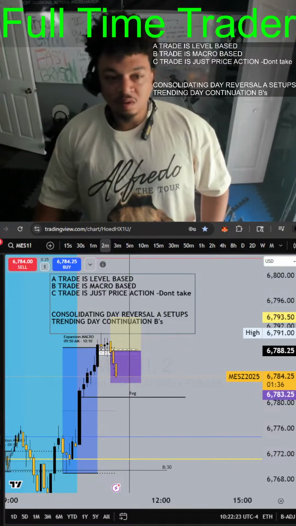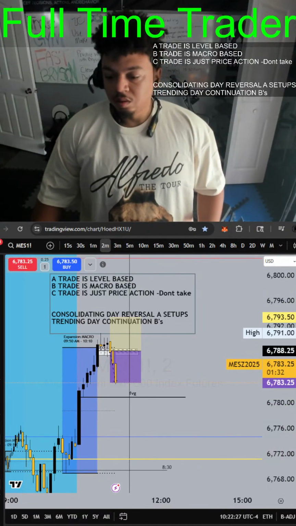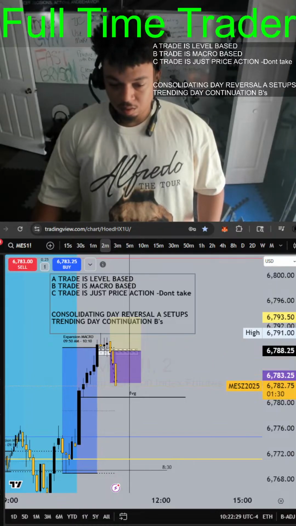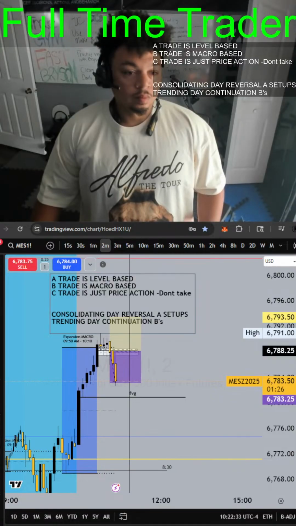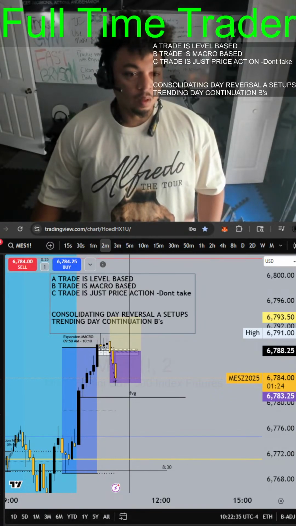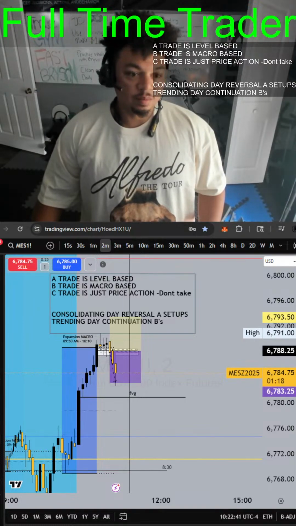So that could have been a potential 5 point winner right there. But again, that's not really my setup. I'm more of a continuation macro based trader.